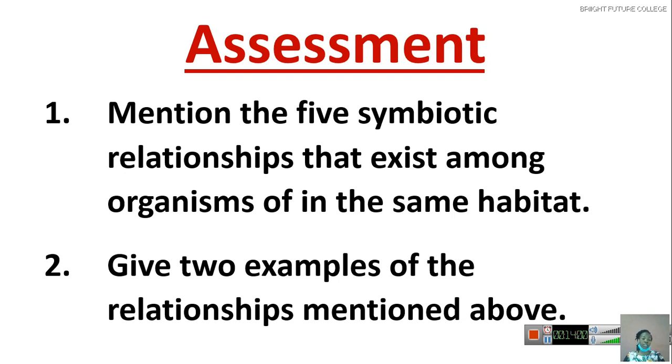The first question here is, mention the 5 symbiotic relationships that exist among organisms in the same habitat. The second one, give 2 examples of the relationships mentioned above. So the ones you mentioned in number 1, you give examples, okay?